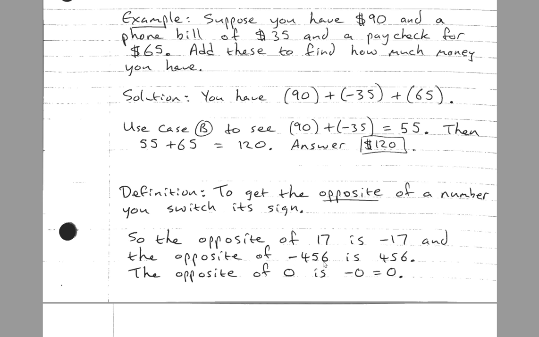The opposite of a negative number is positive. So the opposite of negative 456 is 456. The opposite of 0, negative 0, that's the same as 0. So there's exactly one number that's equal to its opposite, that's 0.